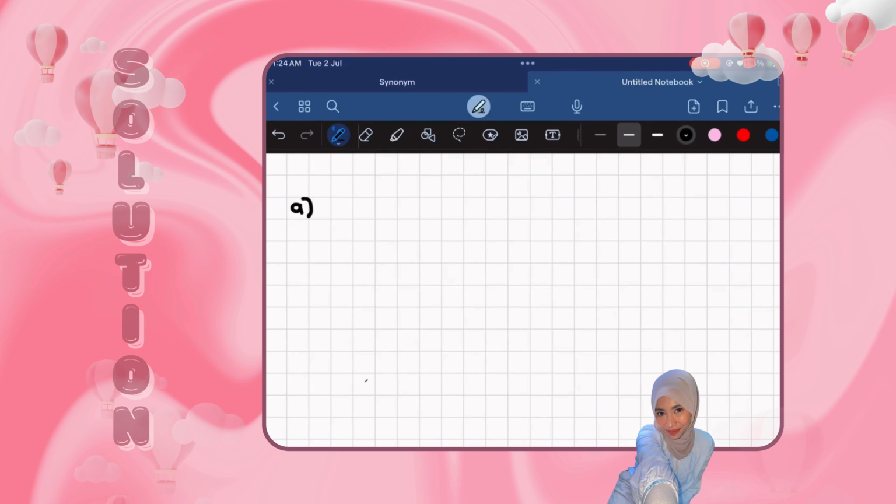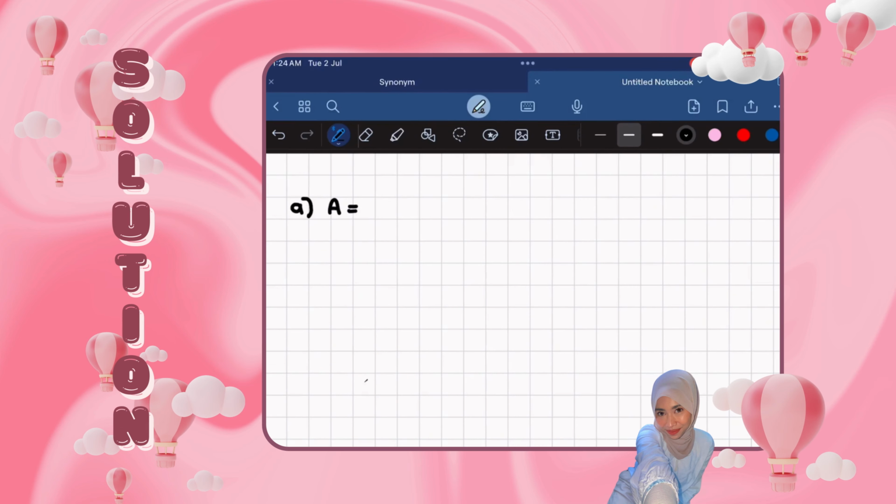For question A, we already know that the area is equal to 2πr² + 1200/r, which can be rewritten as 2πr² + 1200r^-1. We need to find the derivative of the function.